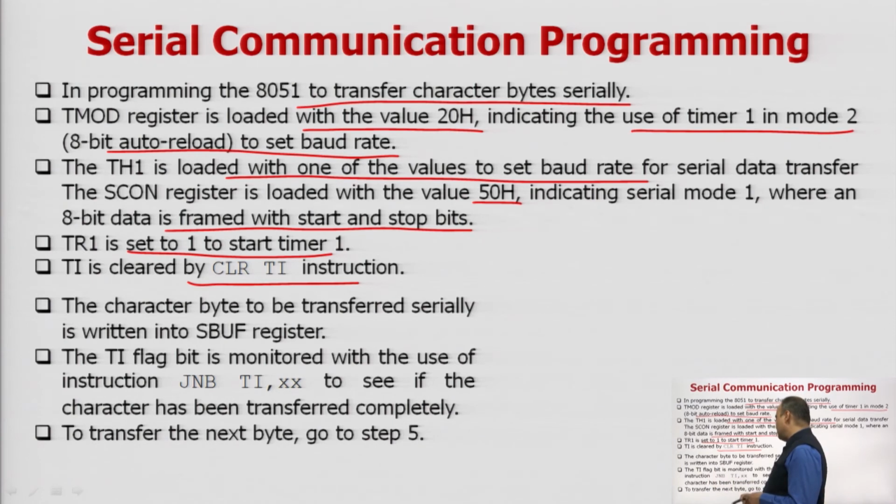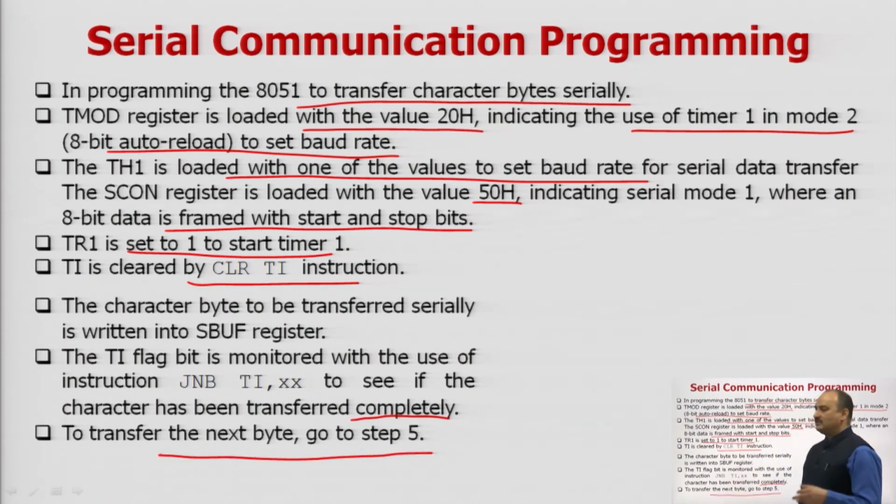The TI flag is monitored using the instruction JNB TI, to see whether the character has been transferred completely. Once the character is transferred completely, this is indicated by the TI flag. To transfer the next byte, go to step 5. So these are the steps required for serial communication programming.